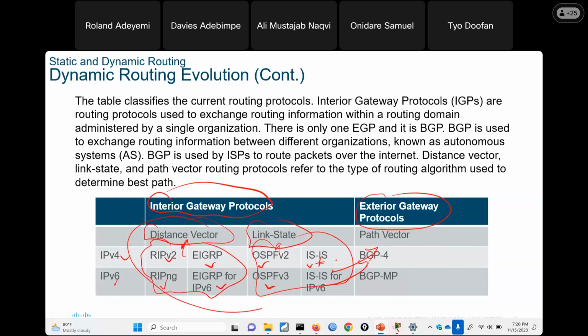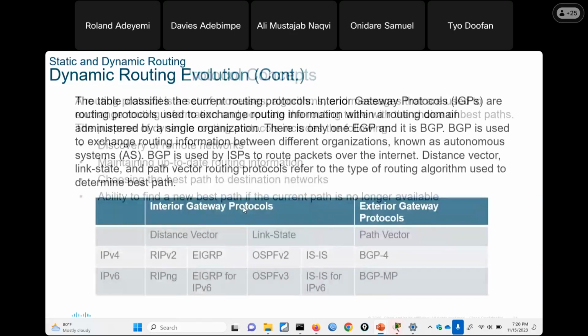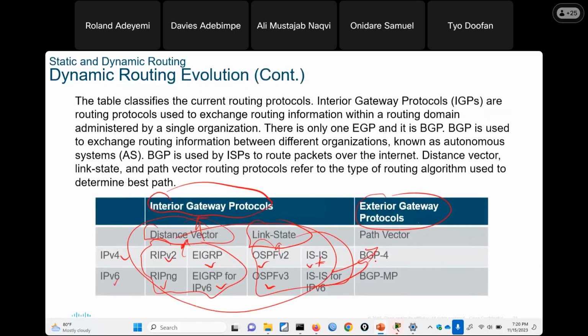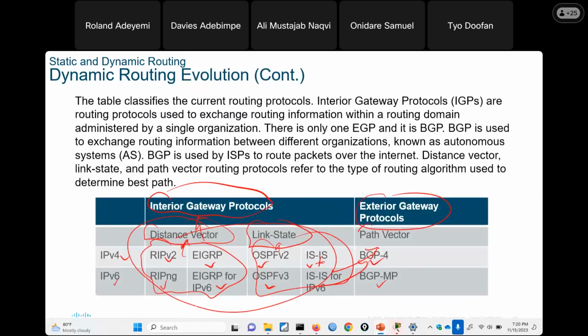But either way, all of them are referred to as interior gateway protocols. They are used within an autonomous system. And of course, we have our exterior gateway, which is BGP for IPv4, and then BGP for IPv6. Those BGP ones are called path vector routing protocols.